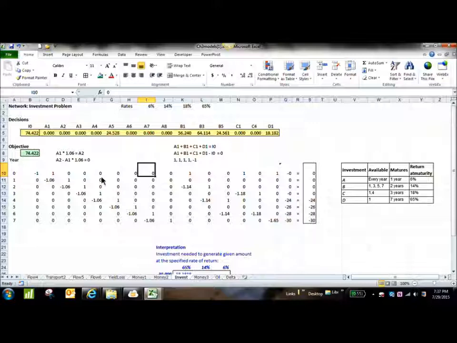Simple algebra. So the coefficient on A2 is 1. The coefficient of A1 is minus 1.06. This is what you see here, minus 1.06 for A1 and 1 under A2.